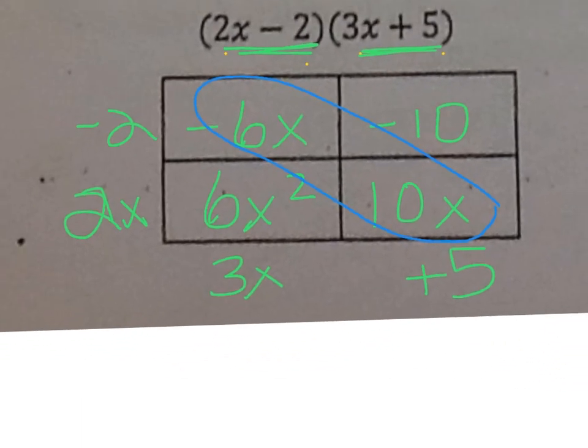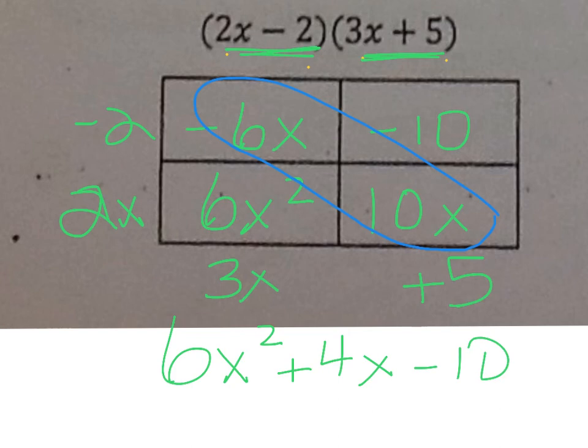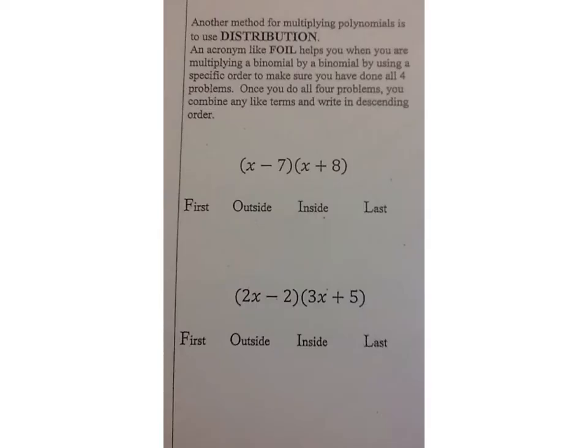I'm going to move that up so we can go ahead and write this in descending order. 6x squared. A negative 6x and a 10x is going to be a plus 4x, minus 10. We're going to do that with the other method, and then we're going to practice a lot, and you get to decide what method you like the best.